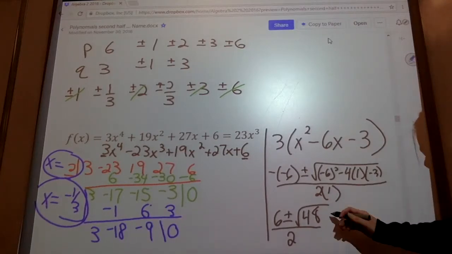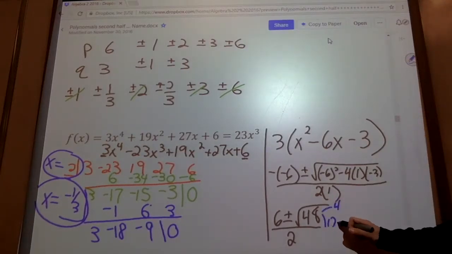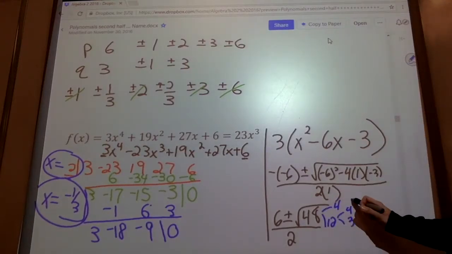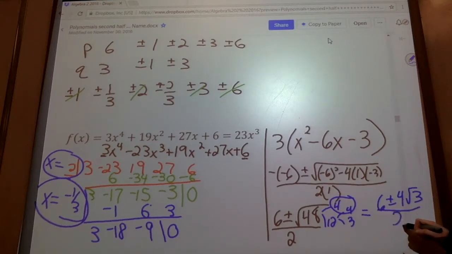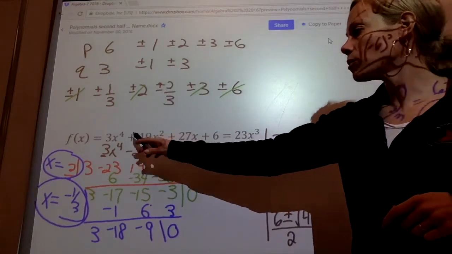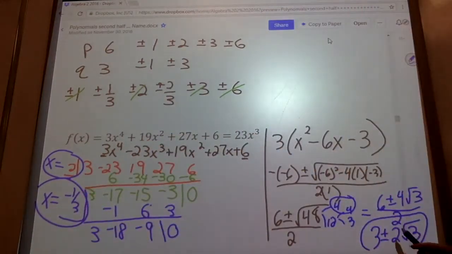We need to reduce that. 4 and 12. 12 is 4 and 3. There's 2 4s, take one out. 6 plus or minus 4 root 3 over 2. One more step, right? 3 plus or minus 2 root 3. So 4th degree polynomial, I have 1, 2, 3, 4 roots. So I'm good to go.